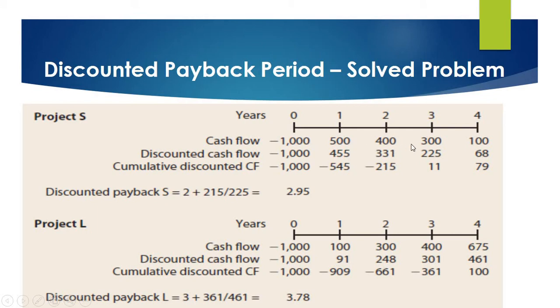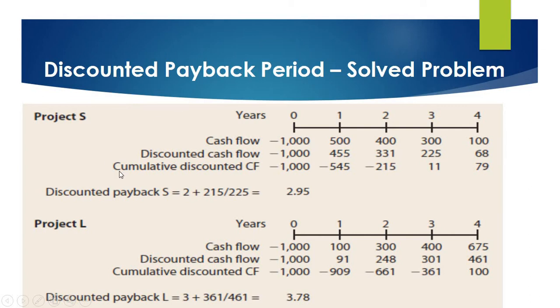Similarly, the present value of $400 at a 10% discount rate is approximately 331. How is it found? 400 divided by 1.10 to the power 2. In the same way, we can find out the present value of the rest of the cash flows.